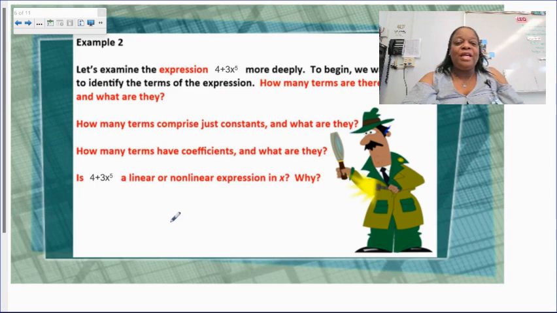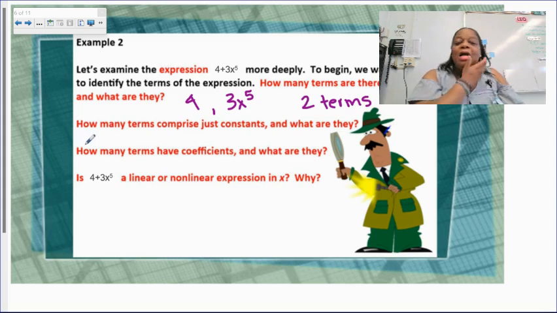Next example, we're going to look at some of the terms. Here it says how many terms and what are they for this expression? 4 plus 3x to the fifth power. All right, so here I have 4 is one of the terms, and then 3x to the fifth power is another term. So we're looking at 2 terms. How many terms have the constant?